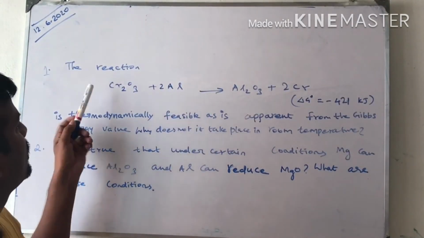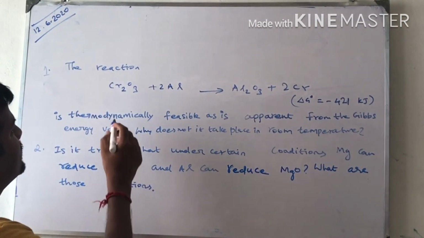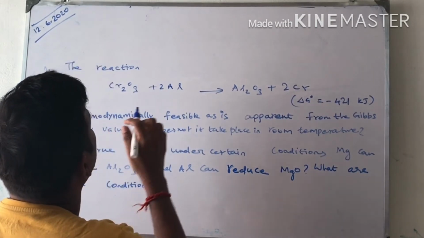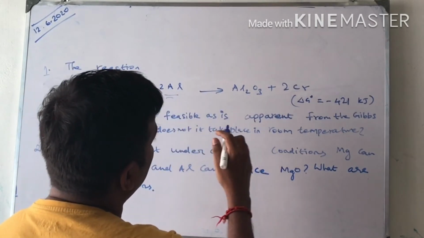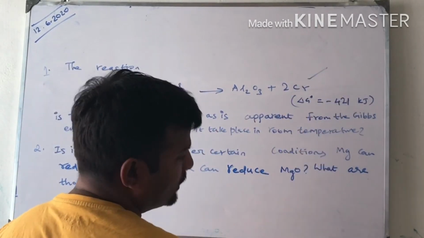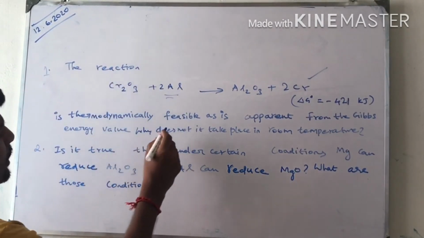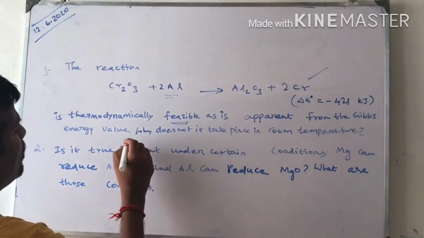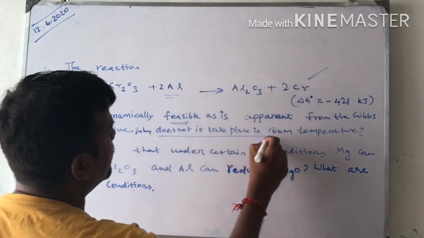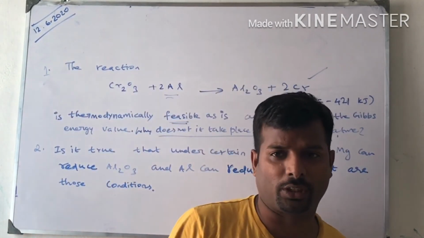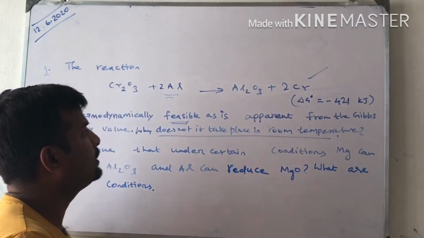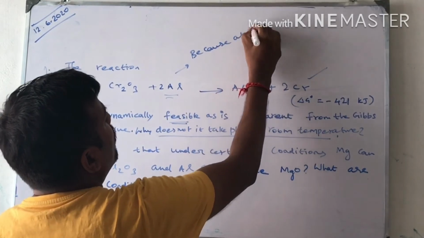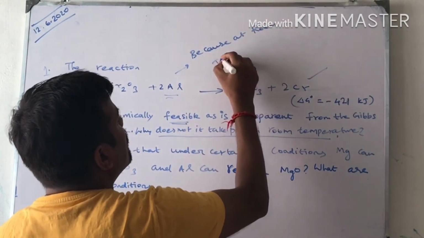Here is the first question given in the textbook: chromic oxide gets reduced by aluminium to give aluminium oxide and chromium. Thermodynamically, this reaction is possible, as apparent from the Gibbs energy value. Why does it not take place at room temperature? That's the question. The answer is because at room temperature.